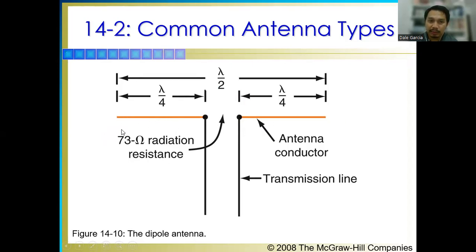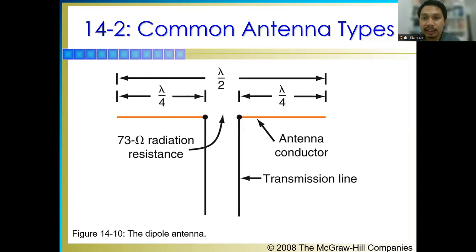We also have formulas for computing the impedance of antennas. Remember before, the common impedances of transmission lines are around 50 or 75, right? 50 or 75. And remember also that for standing waves to not exist, the line and the load must be matched.